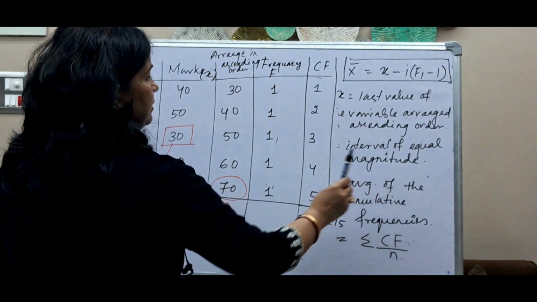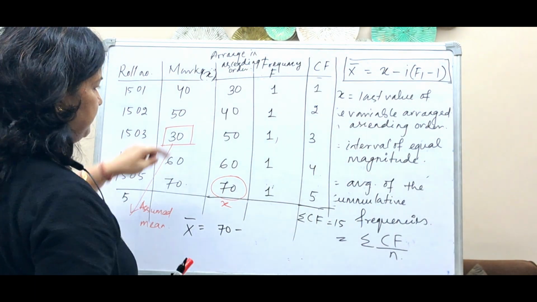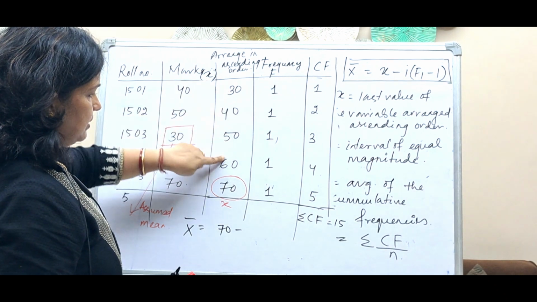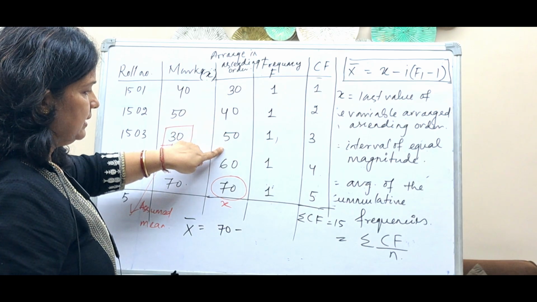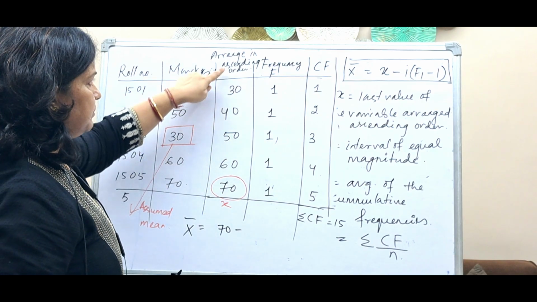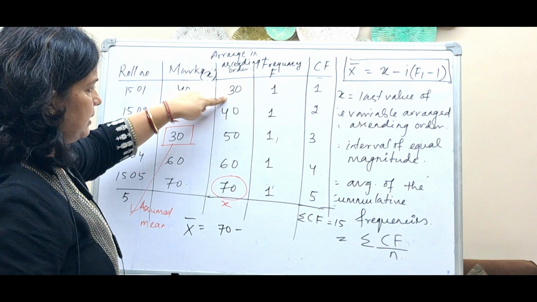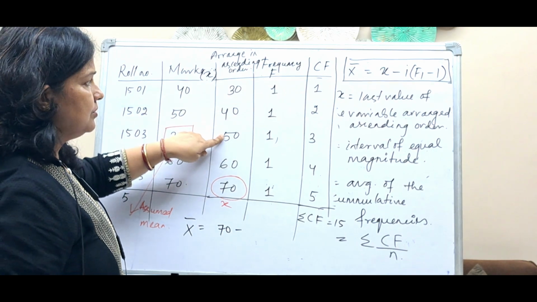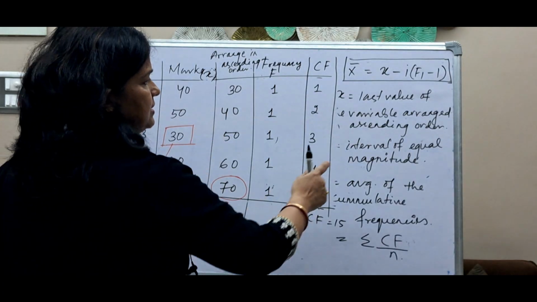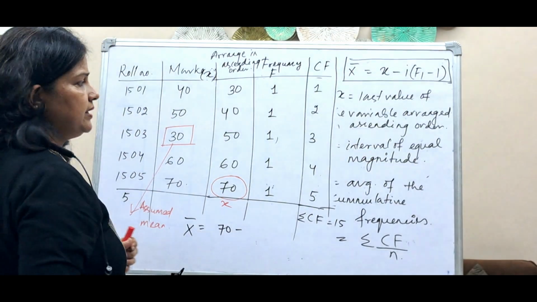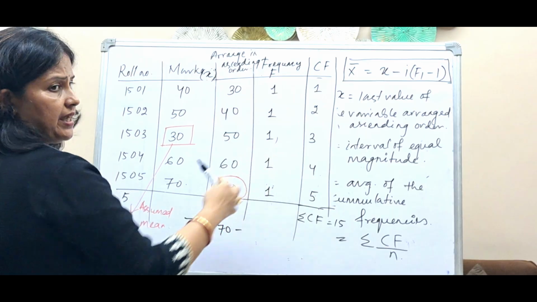I is the interval of equal magnitude. If you see, the variables in ascending order increase by 10, so the I value is 10.